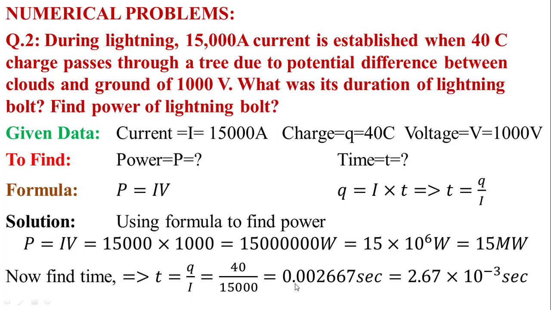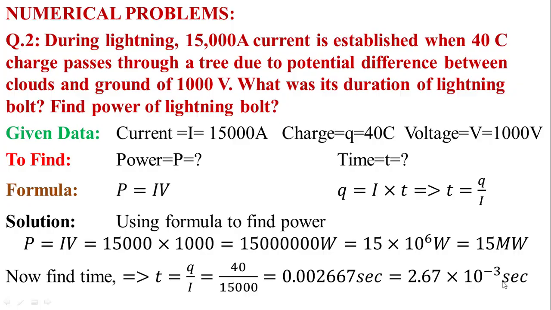Here the decimal place moves forward 3 digits, so that is equal to 2.67 multiplied by 10 raised to power minus 3 seconds. So time is 2.67 multiplied by 10 raised to power minus 3 seconds.